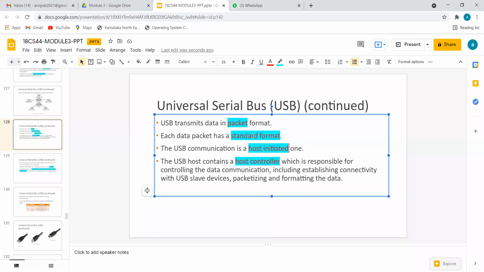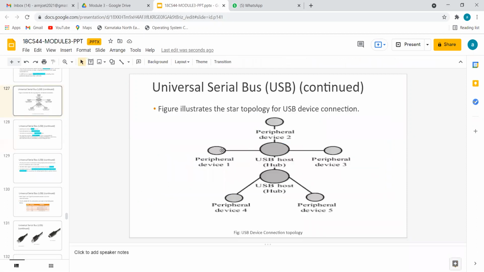The same definitions apply here. And USB communication is host initiated. That means the master will always control the connected devices, and this host controller is responsible for any data transmission taking place in that star topology.